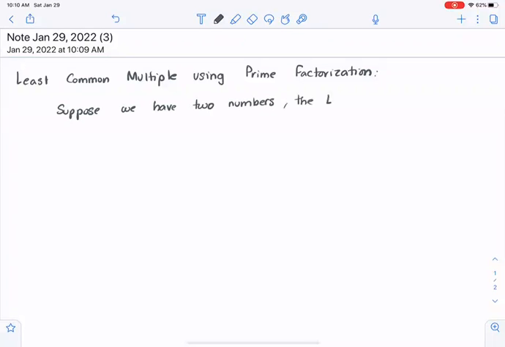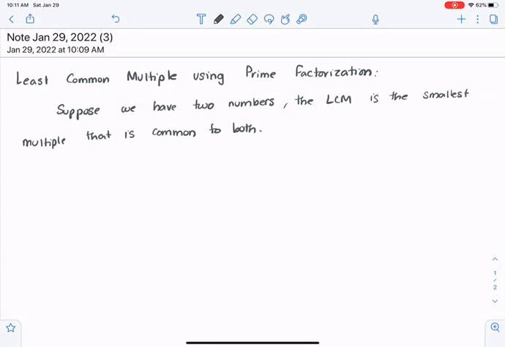The LCM is the smallest multiple that is common to both, which is why we call it the least common multiple.